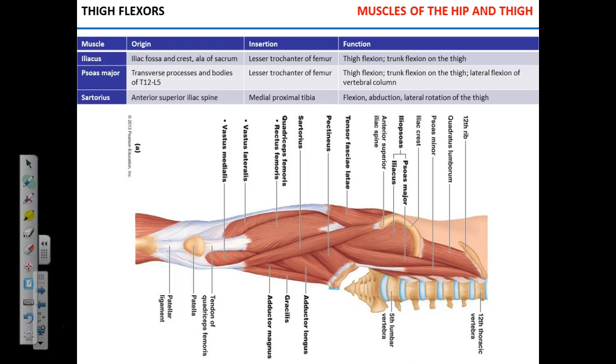First, I want to remind you about the movements that we're going to be talking about. We're going to be talking about thigh flexion, thigh extension, knee flexion and extension, and dorsiflexion. I think I just pulled a muscle. And plantar flexion.